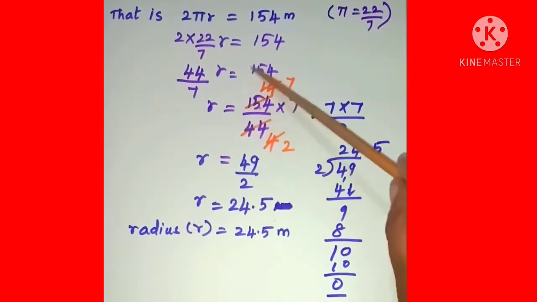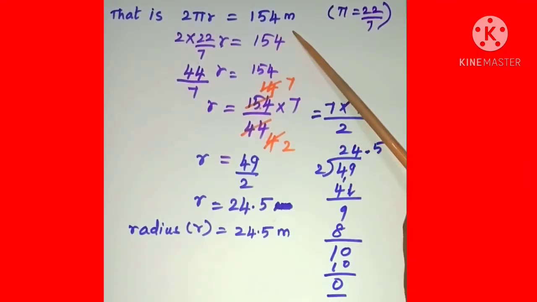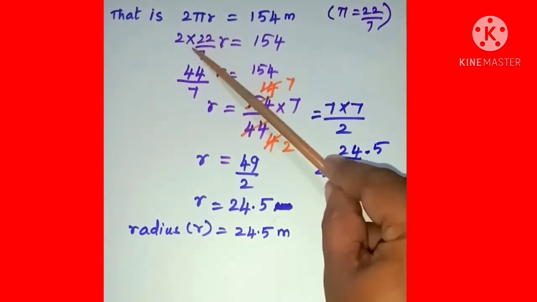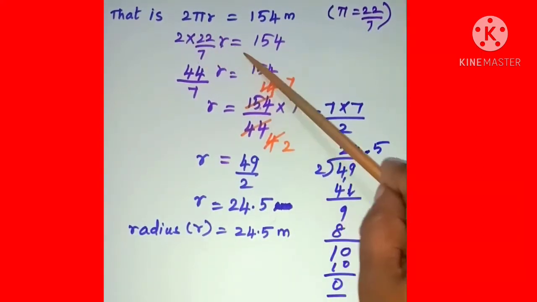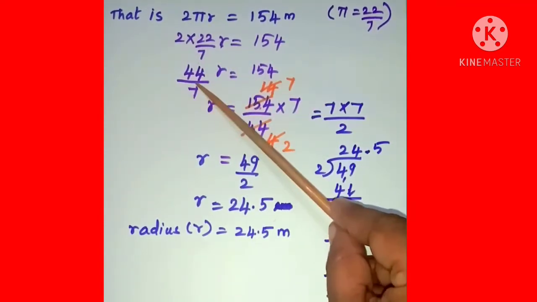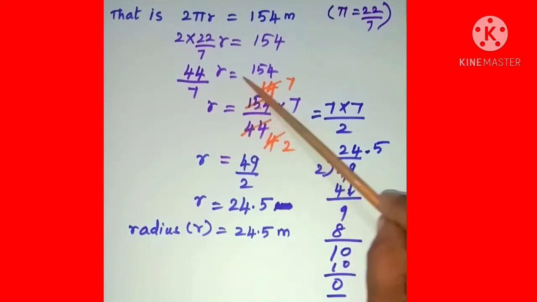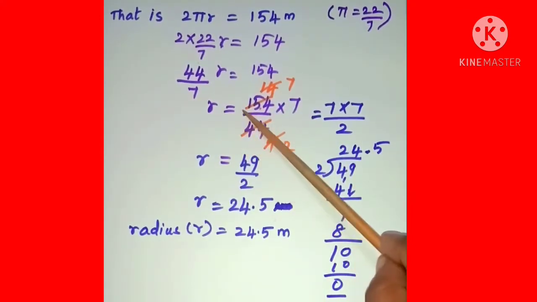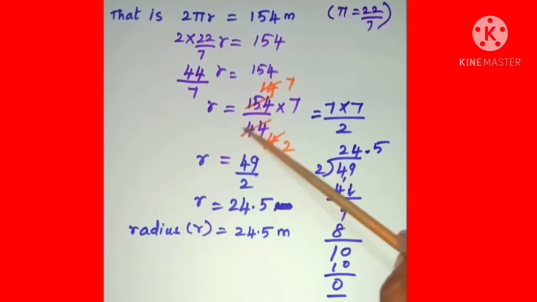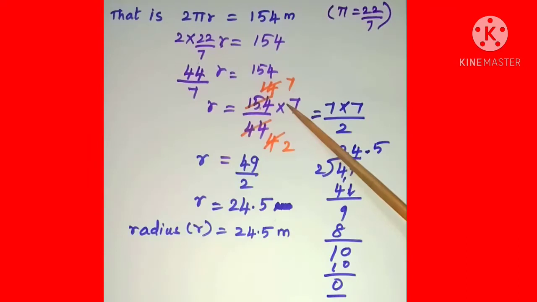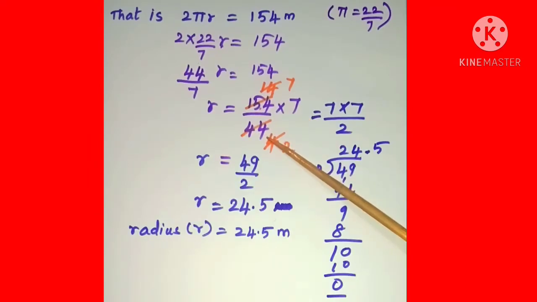Now students, 2 pi r is equal to 154 meter. So 2 into pi, which is 22 by 7, r is equal to 154. So 2 into 22 is 44 by 7 r is equal to 154. And what is the value of r? So r is equal to 154 divided by 44 by 7. It becomes 7 by 44 on the other side.